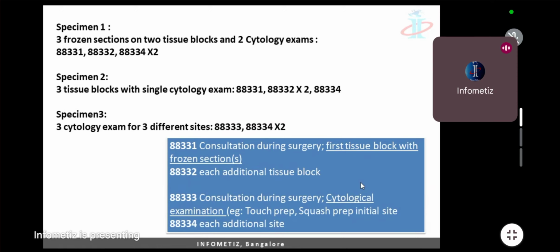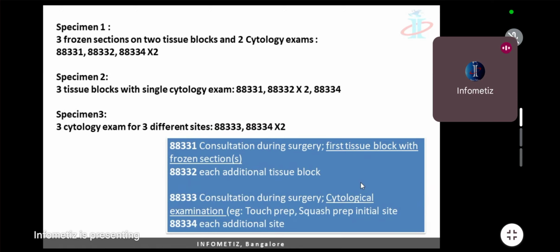For different specimens, you can code 88331 and 88333. Suppose these 3 specimens are part of only one question. In one question, they are asking you about 3 specimens. So what will the ultimate answer be? 88331 into 2, 88332 into 3, 88333, and 88334 into 5.